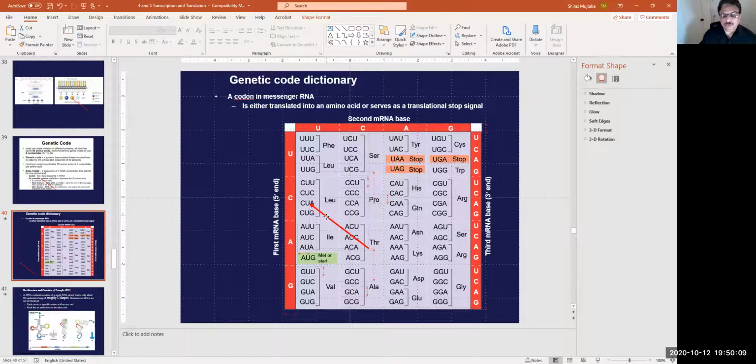Again, 4 triple nucleotides or 4 codons for leucine, right? So one amino acid could be coded by multiple codons, and that perhaps makes translation an efficient process, right?